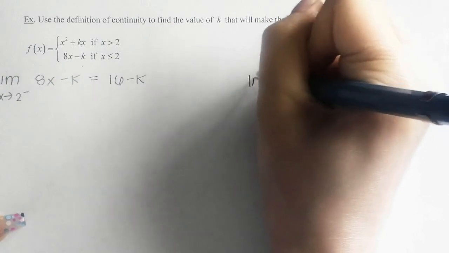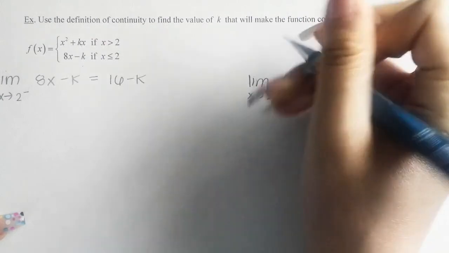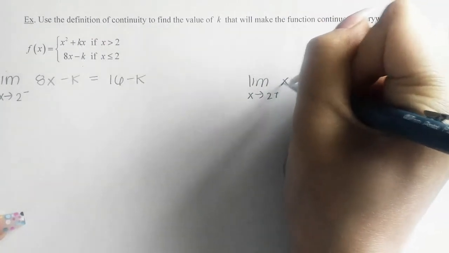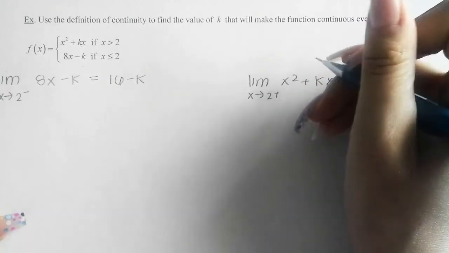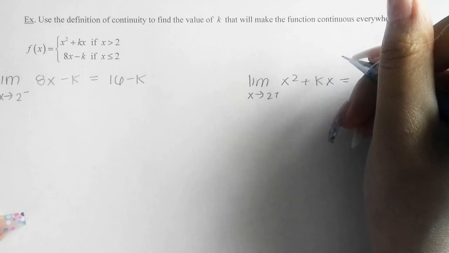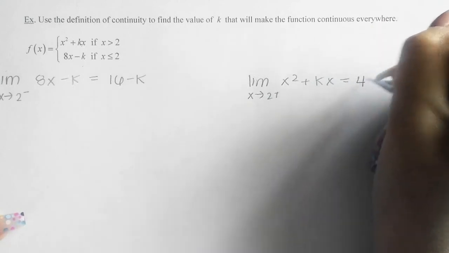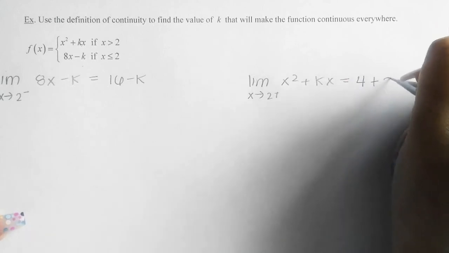Now, your right side is going to be the limit when x approaches 2 from the right side, and that one is going to be x squared plus k times x. When you plug in the 2 as normal, you would have 4 plus 2k.